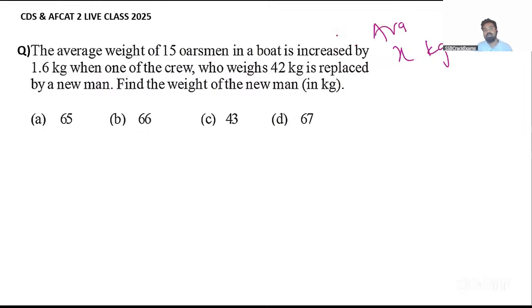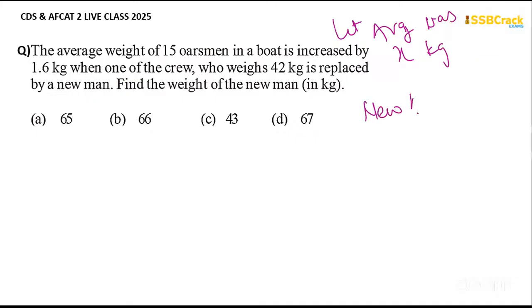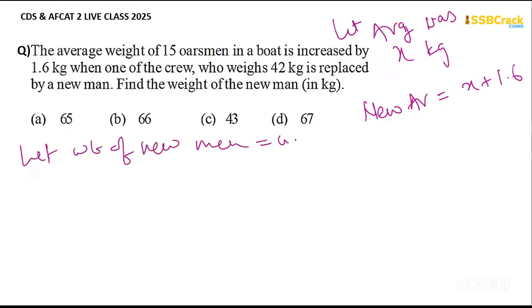It has increased by 1.6. It means the new average is equal to x plus 1.6. And we do not know the weight of the new member, so let the weight of the new member be W.